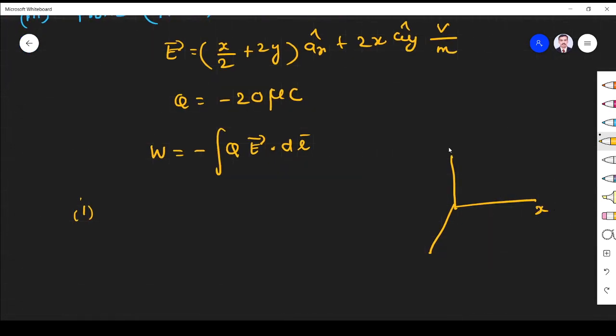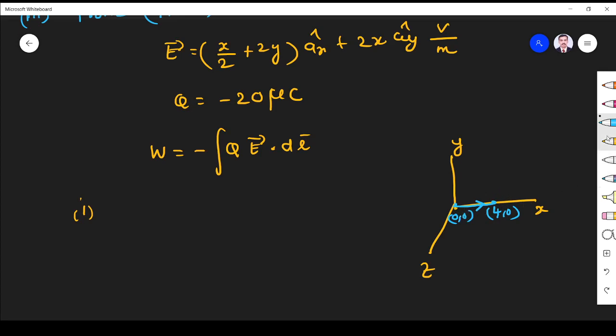This is a typical graph, xyz. So first we are moving from origin (0,0,0) to (4,0,0), z is 0 so just ignore it. Here I have to move from point 1 to point 2, along the x direction.